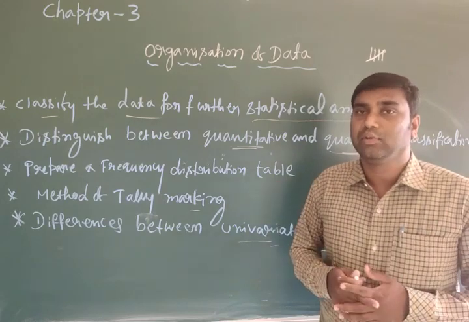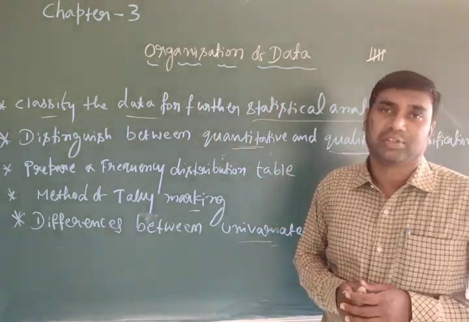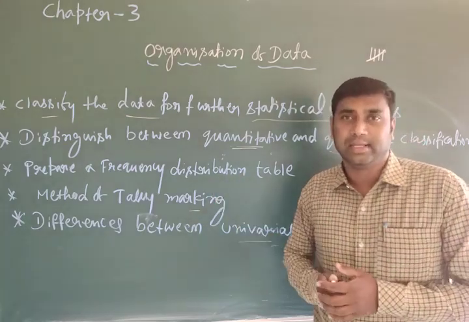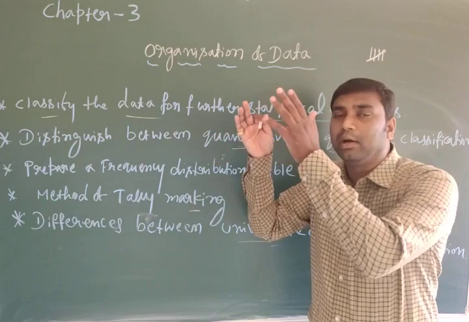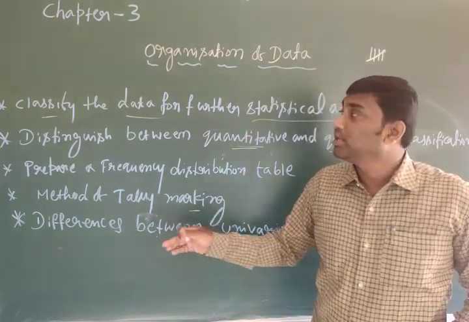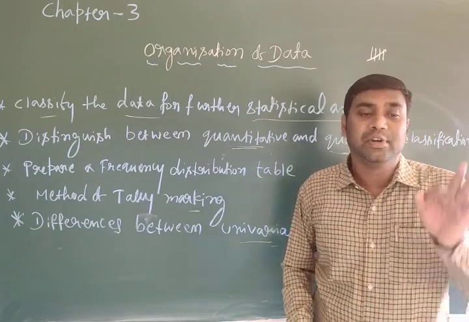So that is what we have to understand with the help of this chapter, organization of data. Which way we have to organize, divide and arrange properly, that is what we discuss in this chapter.